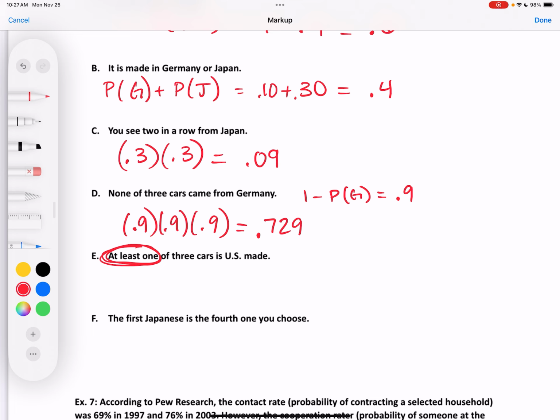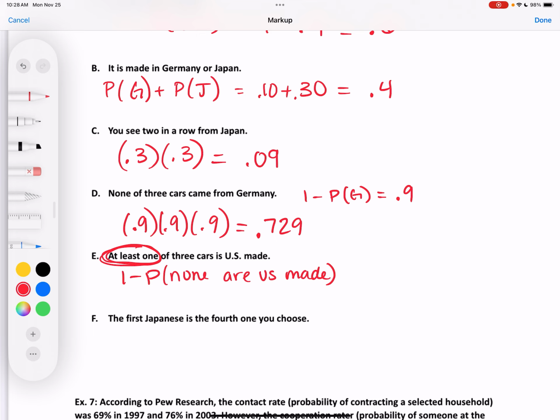So, this would be 1 minus the probability that none are U.S. made. Not U.S. made is 0.6. There are 3 cars, though, so it's going to be 0.6 cubed, and then I take that and subtract it from 1.